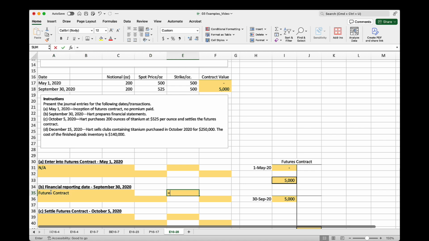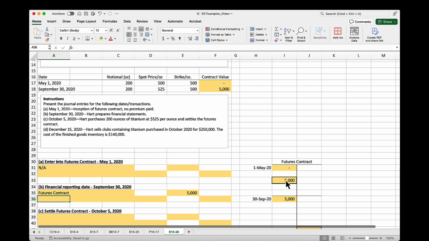Now remember, this contract has been designated as a cash flow hedge. So because of that, it's going to get special accounting treatment, and that special accounting treatment means that this fair value adjustment is not going to impact net income.